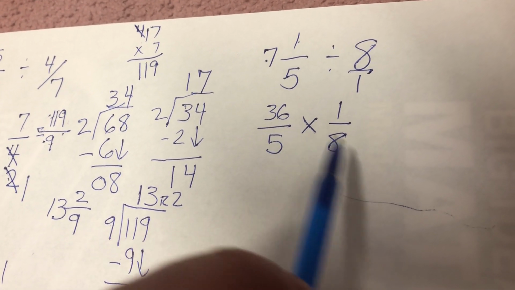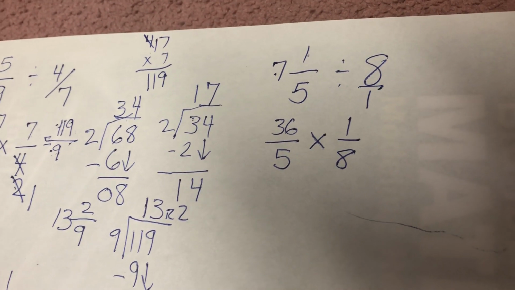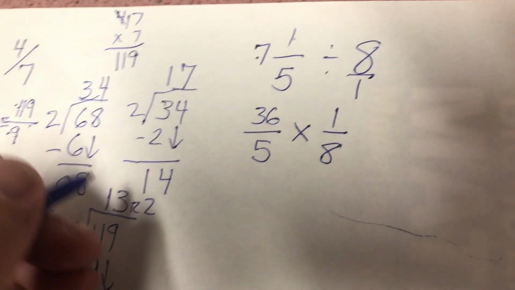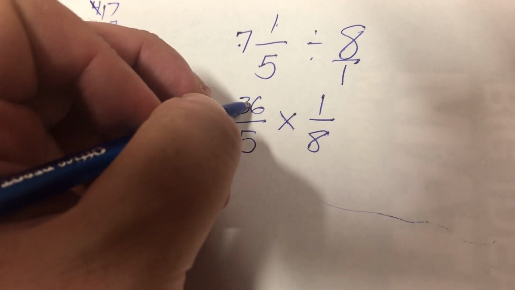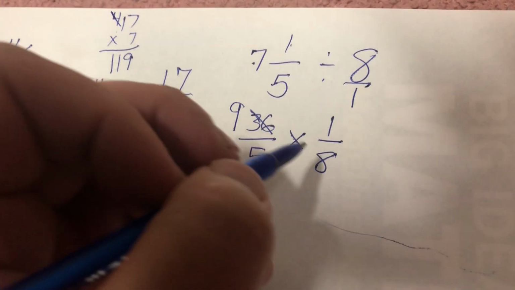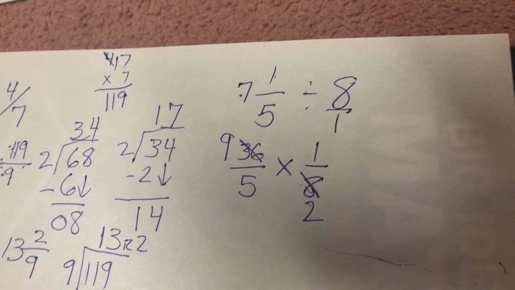But when I think about my division and multiplication tables, I think of the, well, 36 and 8 are both divisible by 4. They both show up as answers in my 4 times table. So if I divide them both by 4, 36 divided by 4 is 9. 8 divided by 4 is 2.